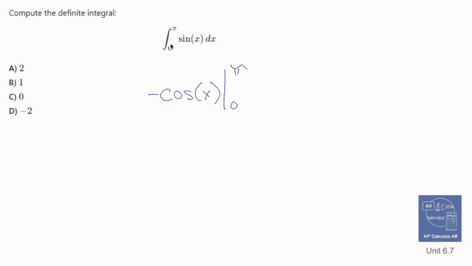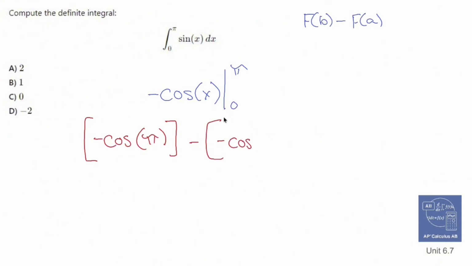Remember, when you integrate and you have an upper and a lower limit, you take that antiderivative, plug in the upper limit, minus, take the same thing, plug in the lower limit. That's what I'm going to do here. I'm going to say negative cosine of the upper limit, which is pi, minus negative cosine of the lower limit, which is 0.